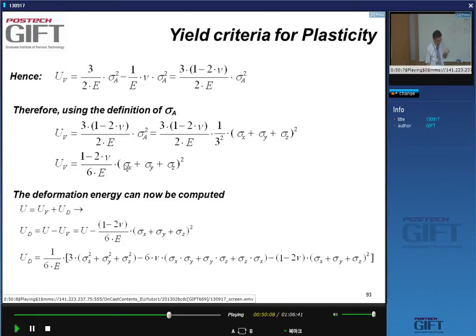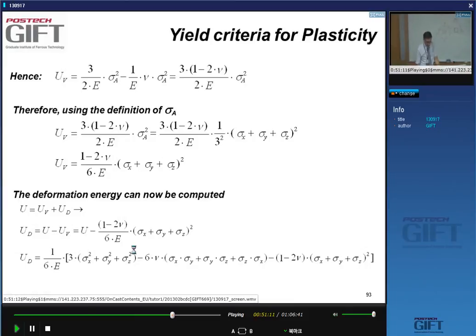And so this allows us now, because we know the general energy required for deformation, and we know the part of the volume change of that work, the actual shape change energy, UD, can now be computed as the difference of the total energy required minus the volume change energy required.